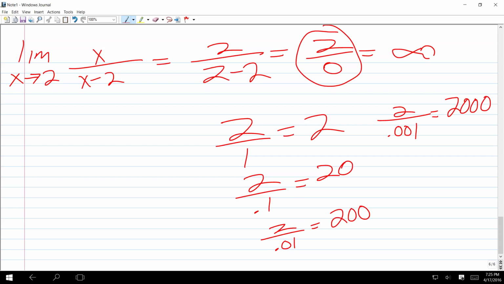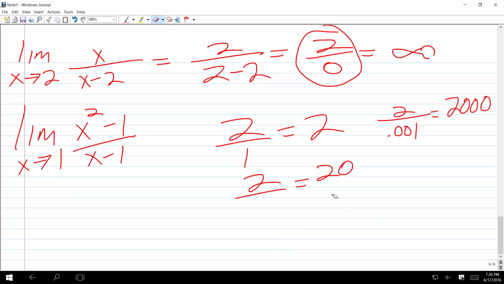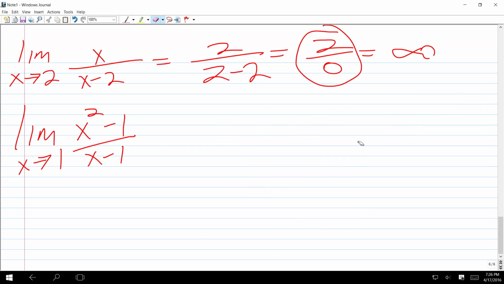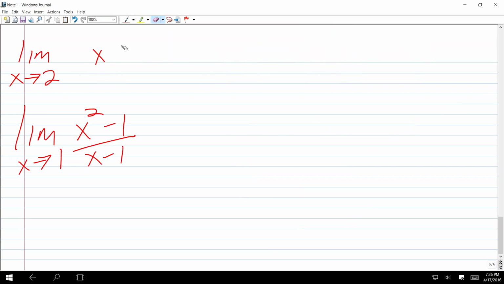In other words, the ones that go to a number over 0 or 0 over a number. The only difficult ones at all are 0 over 0. Let me give you a difficult one. What's that go to? By direct substitution, it's 0 over 0.